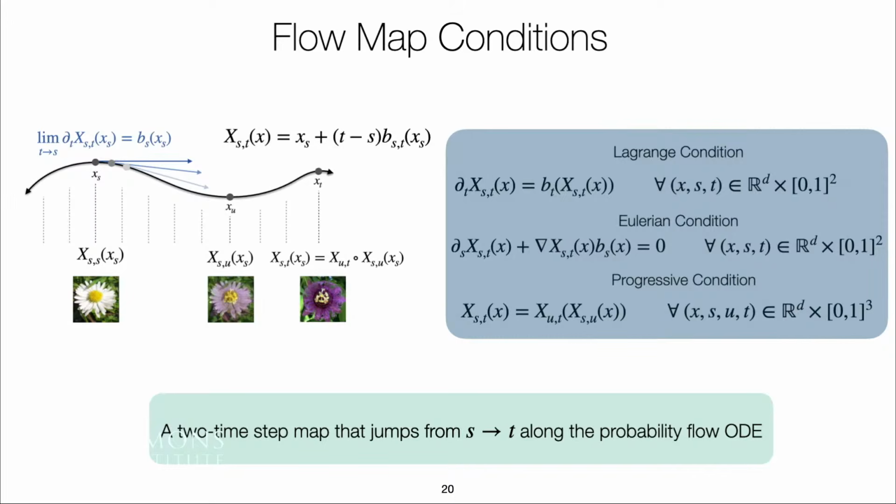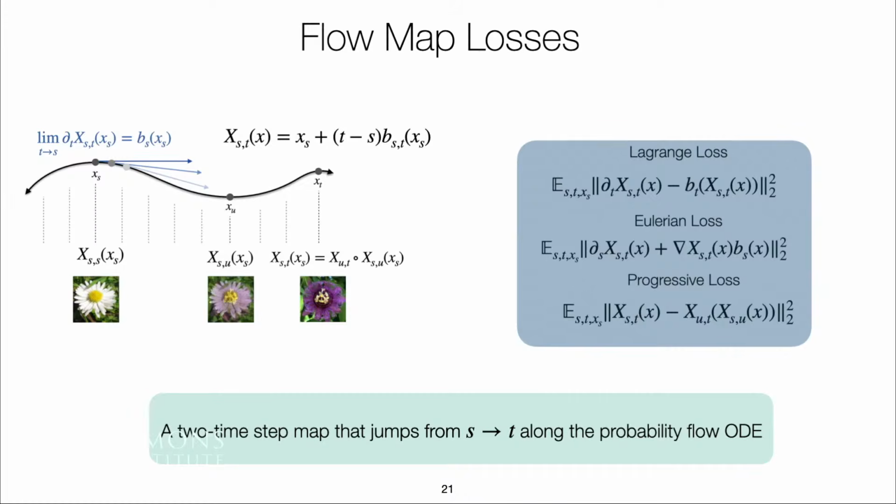But all of this is to say that these give you 3 different conditions that have to be satisfied if you want to learn the flow map that corresponds to this black ODE, right? But this also gives you 3 equivalent, PINN-style objectives to enforce for learning this flow map. And if you optimize all of them to 0 loss, you have essentially one object that can do 1-step sampling, if you will.